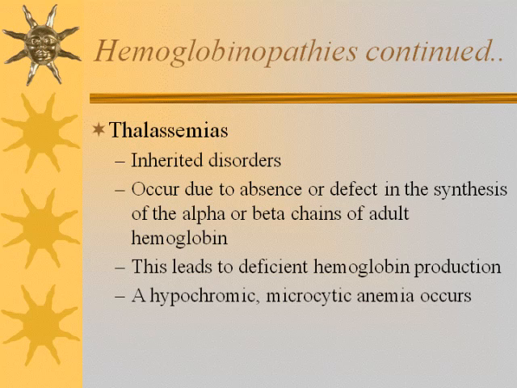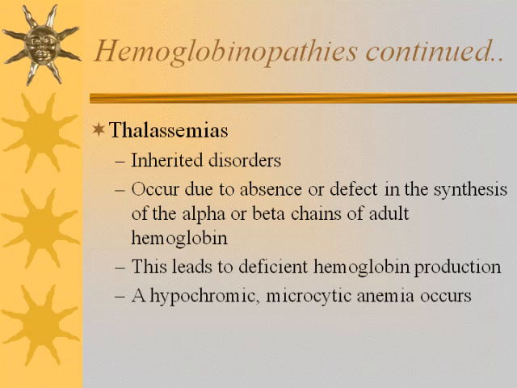Another type of hemoglobinopathy or hemolytic anemia is the thalassemias. Again, these are inherited, usually due to an absence or defect in the synthesis, or production, of the alpha or beta chains of adult hemoglobin. Basically, you have deficient hemoglobin production.